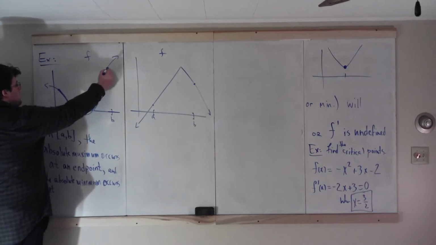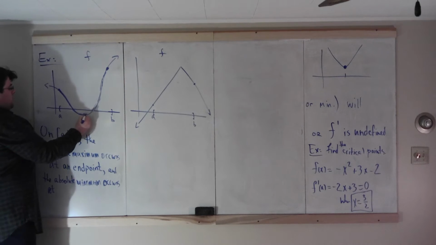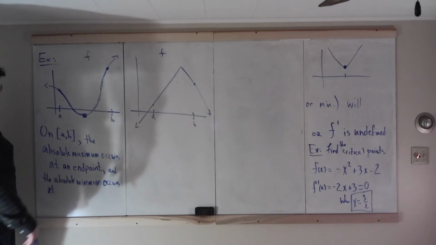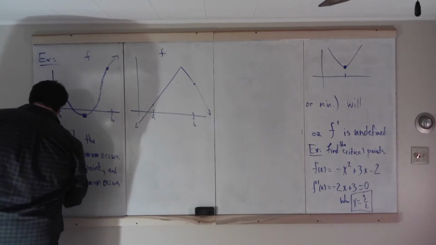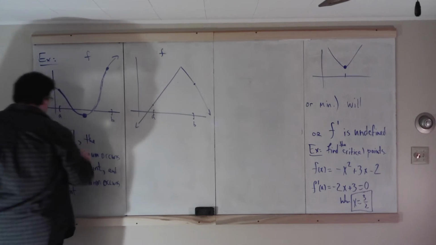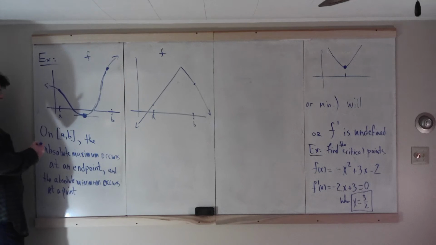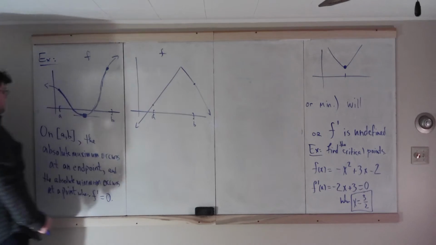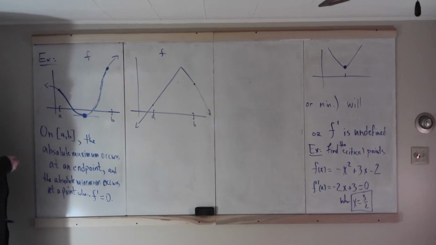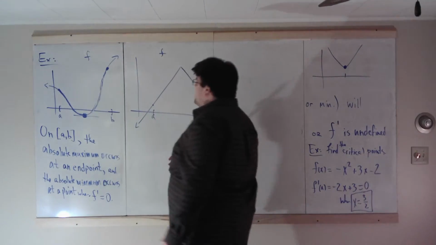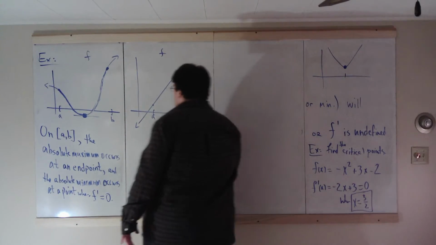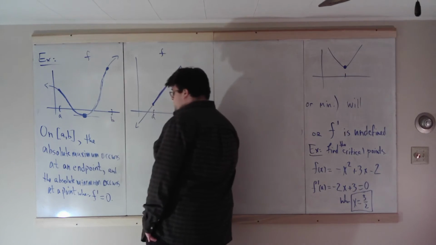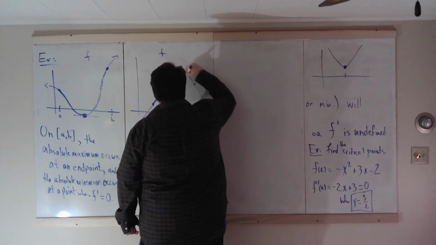Where does the absolute minimum on A to B occur? Well, it's down here. It occurs at a critical point, but I'm just going to say it occurs at a point. Derivative down there is 0. So I'll just say where f prime equals 0. Well, that is a useful observation. Maximum occurs at an endpoint of the interval in consideration. The absolute minimum occurs at a point where the derivative is 0.